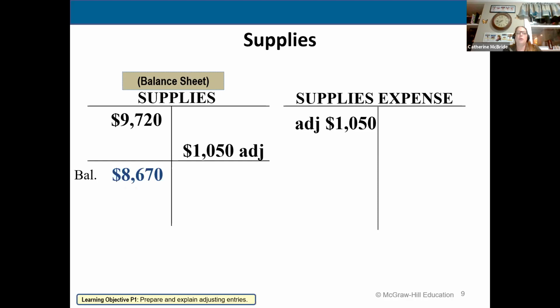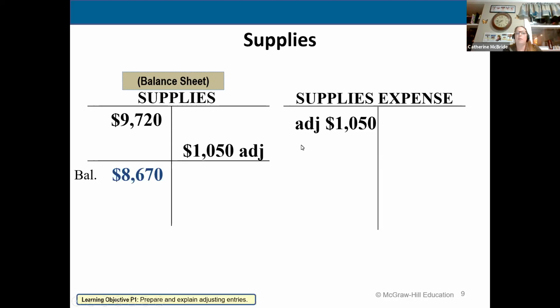We use those two numbers to figure out how did you go from 9,720 to 8,670. We have to credit $1,050. So what is that $1,050 represent? It represents supplies that we used.